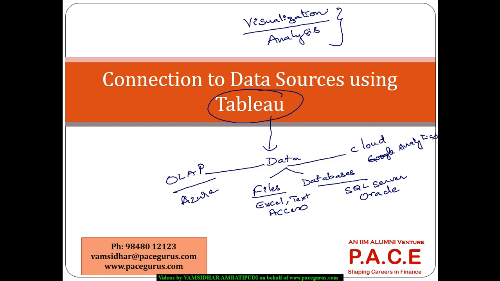Only up to getting the data into the Tableau's window, we are working out with that particular connectivity. But once it is brought in, everything is the same. Now, we will look at, just as an example, how I connect to an Access data store. Of course, as we move along, we'll take some examples where I have to connect to the other data sources as well. So right now we will look at how do I connect to Access data store.